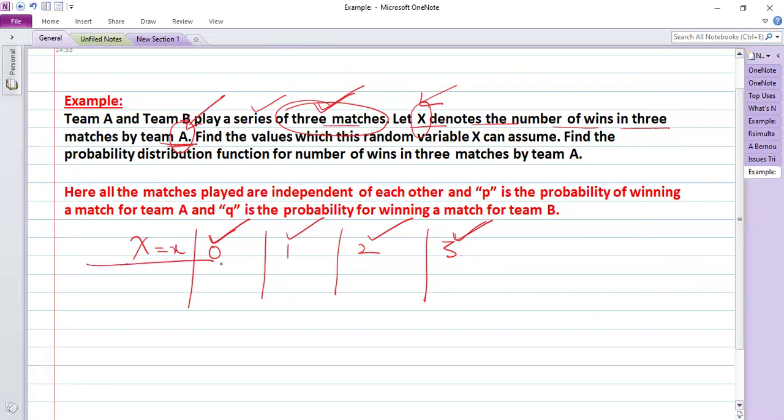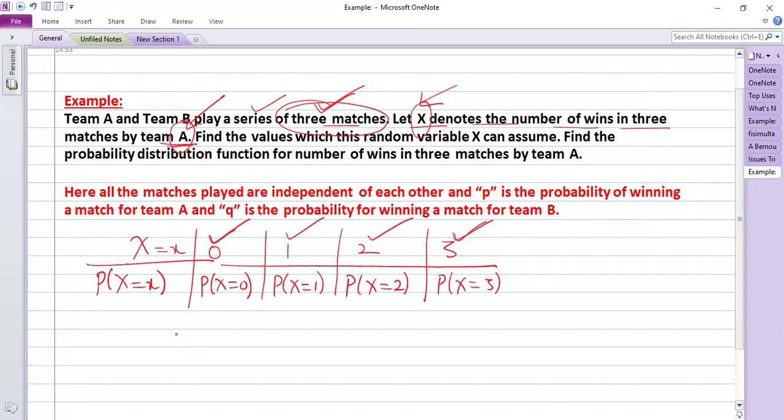These are the values of X, and we have to find the probability that X equals x: probability X is 0, probability X is 1, probability X is 2, and so on. Now, probability X is 0 means all three matches are lost by Team A. The matches played are independent.